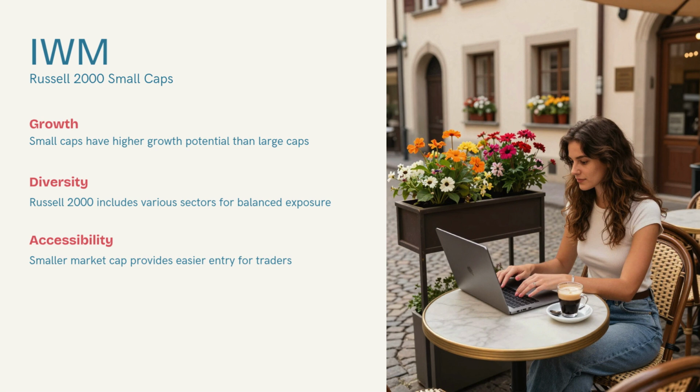So IWM is the Russell 2000. These are small cap stocks. This is 2,000 that are smaller in size, and they represent a large swath of the American economy. Some things like Fluor and some smaller companies that represent the heartland of America, farming, oil, some smaller retail shops like Sprouts, specialty stores, Abercrombie and Fitch, stuff like that.